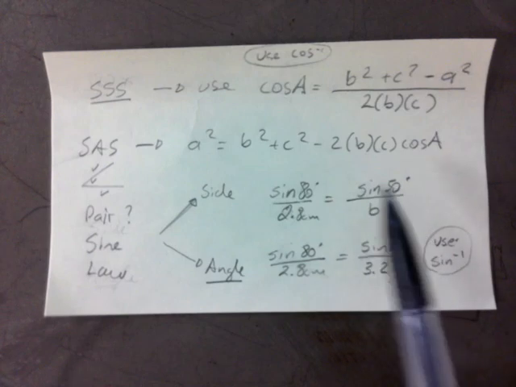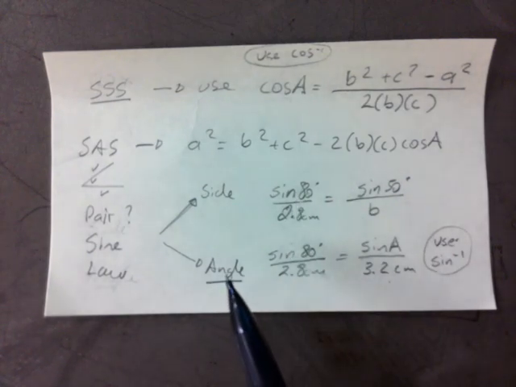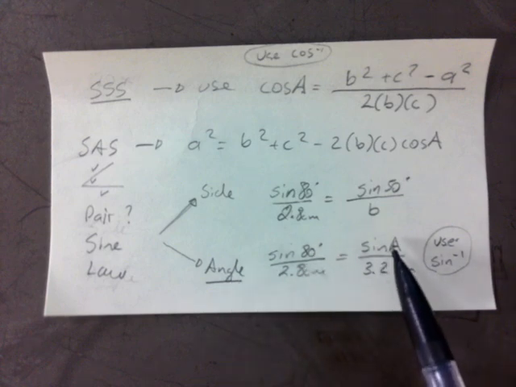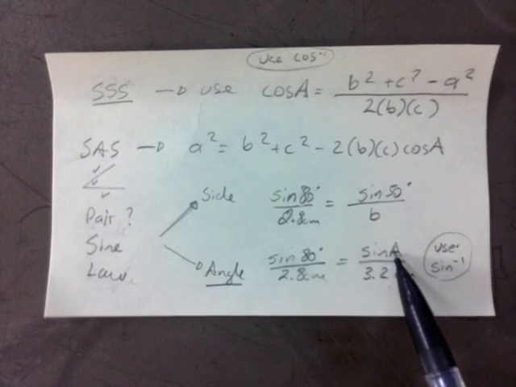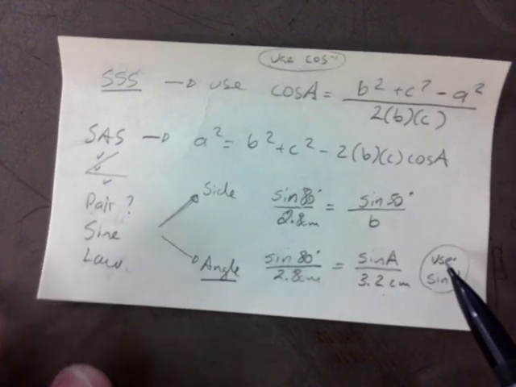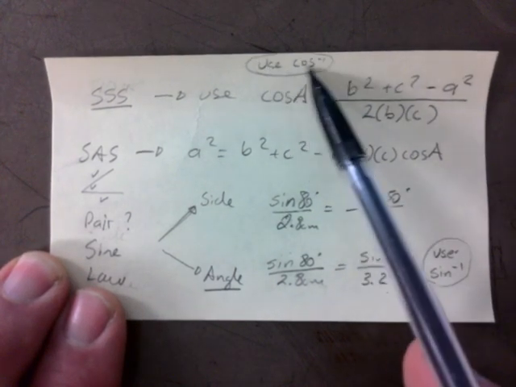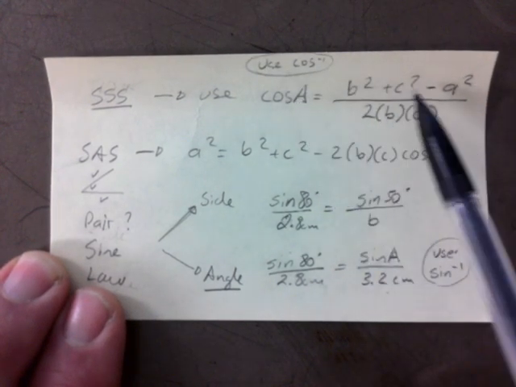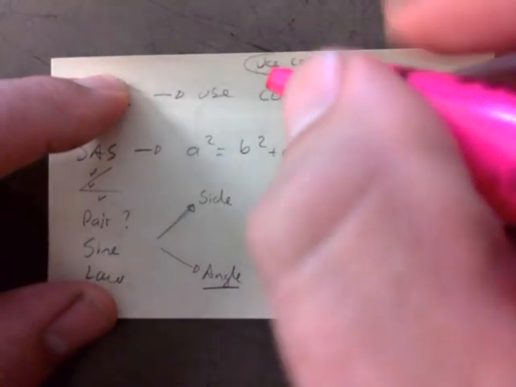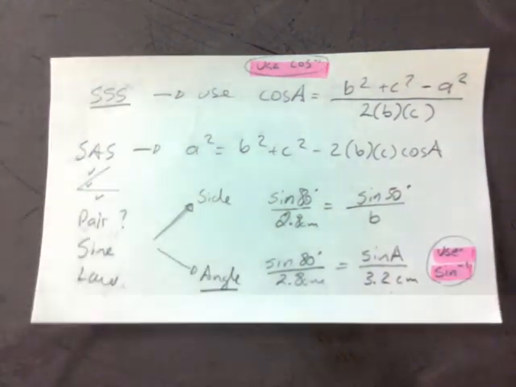Everything else is just a plugged-in number, just random. If it's an angle that you're trying to find, then you're going to end up with A like that, an unknown letter. And I'm telling myself to use sine inverse, and I use cosine inverse with this one. So that's important for you to remember. Use cosine inverse here, use sine inverse with that scenario.